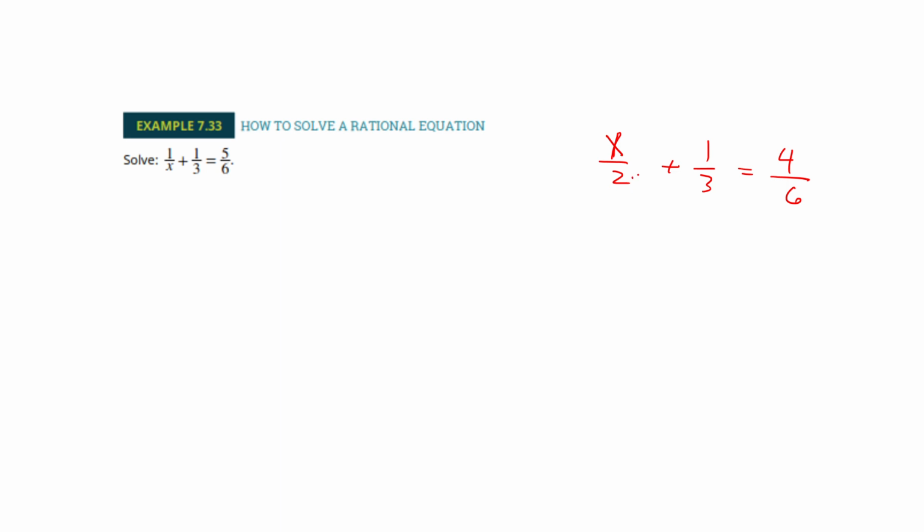So suppose I want to get these all to be over 6. We're going to use the same tricks we already know. I'd have 3x over 6 plus 2 over 6 equals 4 over 6. Now here's the key. If you have them over the same denominator, the denominator has absolutely nothing to do with how you solve this equation on the top. 3x plus 2 is 4 is all that you need.